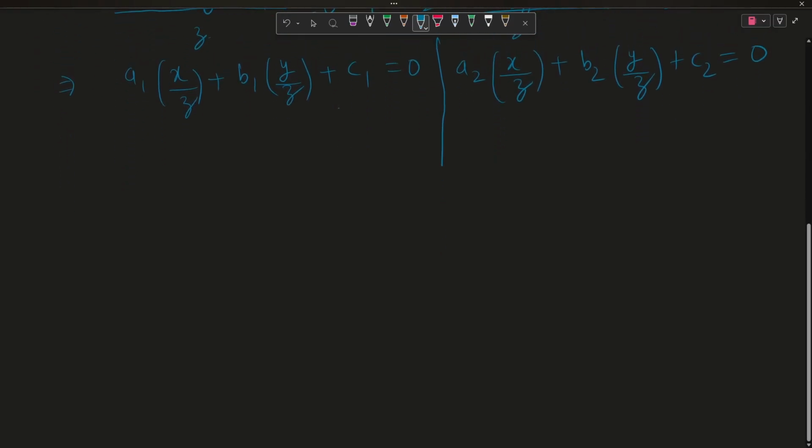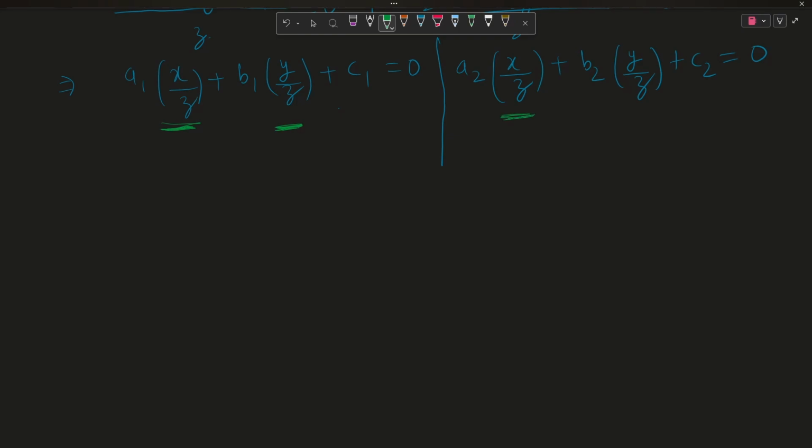What is the use of dividing the whole equation with the variable z? The idea is very simple. We have converted this into a two variable form.